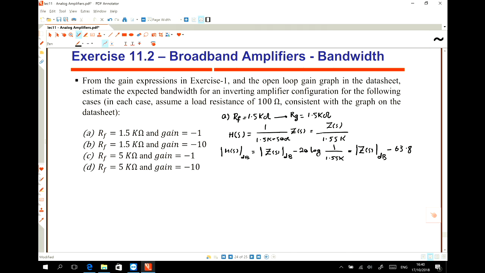Okay, so this is the transfer function in dB. So where the open loop gain equals 0, the ZS is 63.8 dB. Okay, so this is how we can find the bandwidth. We are looking for the point where ZS equals 63.8, and then at that point we find what the frequency is.